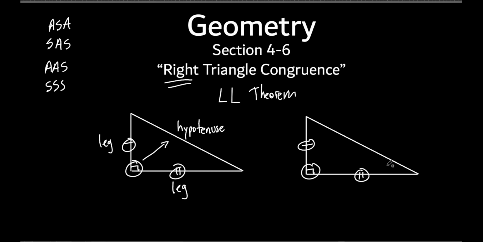Agreed? Again, it's a very subtle difference here, one that you probably don't care about, and I would agree with you. I don't care about that too much either. But that's why you don't really say side angle side on this, because they really didn't technically tell you that this angle is equal to this angle, even though they are equal to each other. I know it's weird. It's a subtle difference.